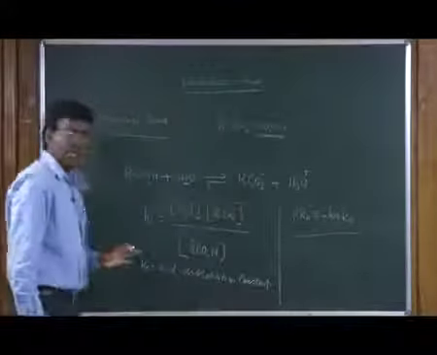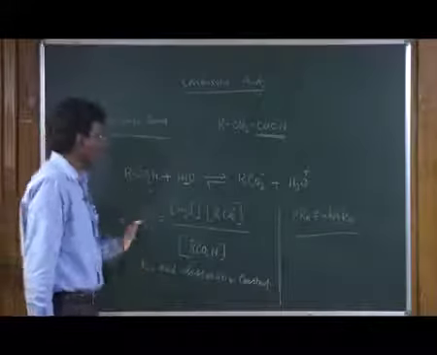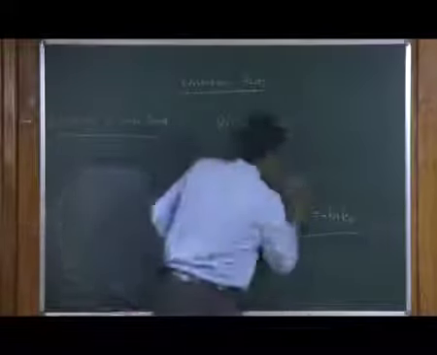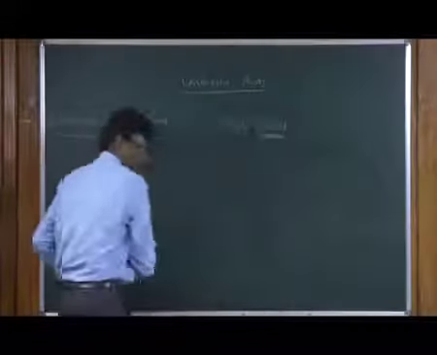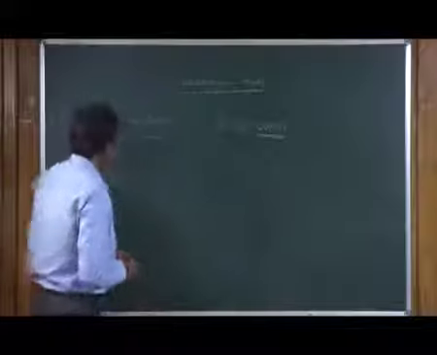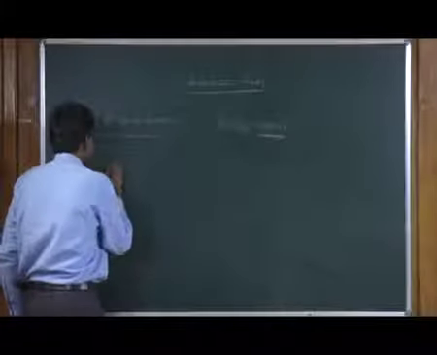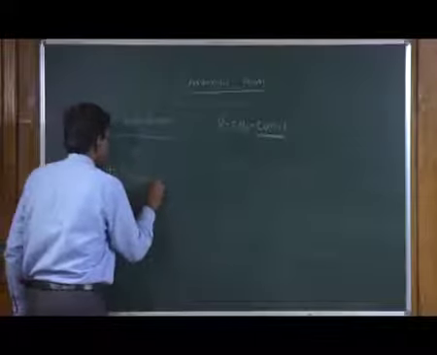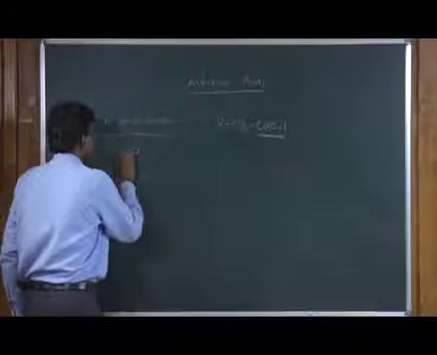And why is carboxylic acid acidic? This can be explained by the resonance of the carboxylate ion. If you take formic acid for example, the bond lengths are different. This is shorter, this is longer.